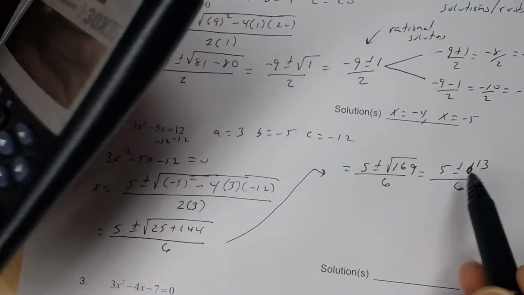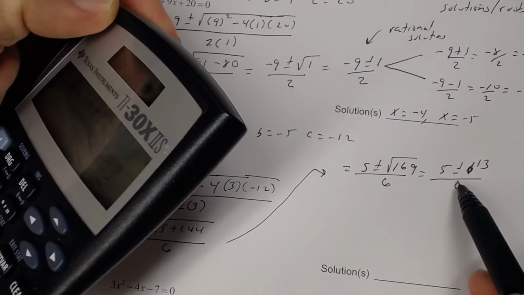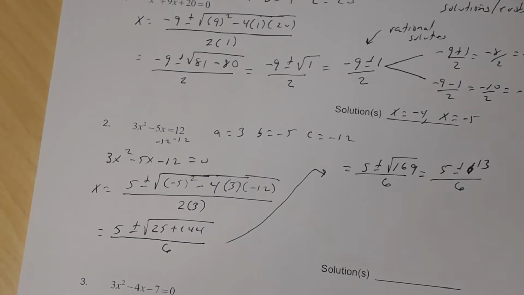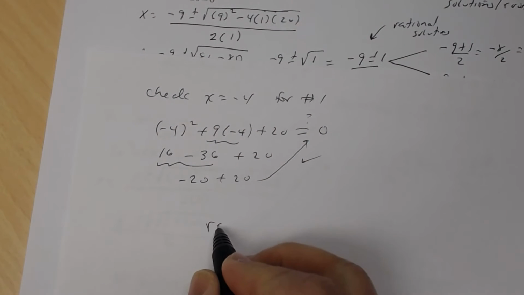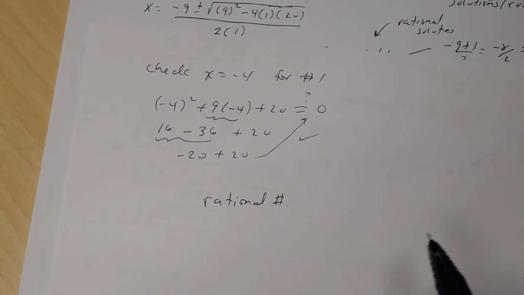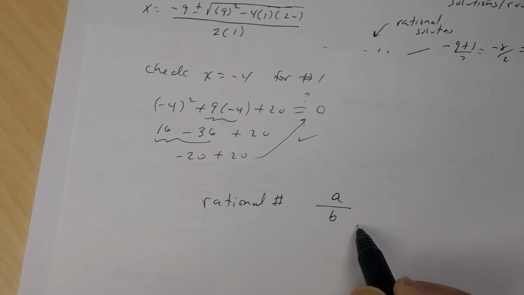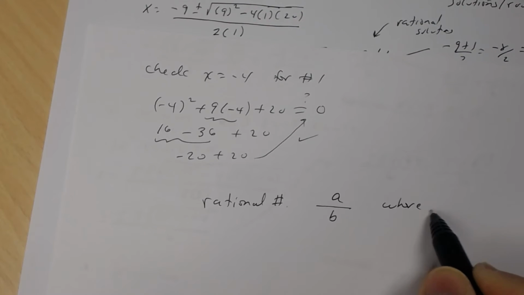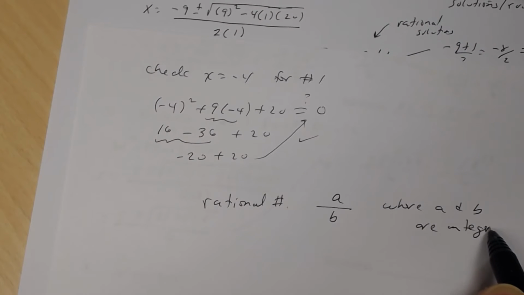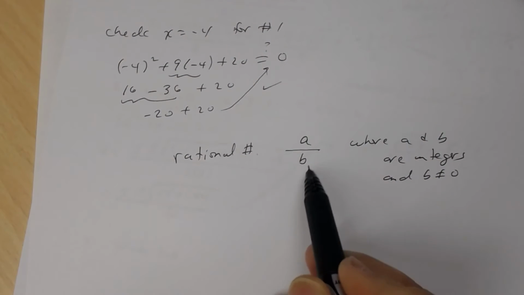Now notice this, since I no longer have that square root, this is going to be a rational solution. I'm going to end up with rational solutions. So in other words, remember, a rational number is any real number that can be written as a fraction, a over b, where a and b are integers and b is not 0, because remember we can never divide by 0.